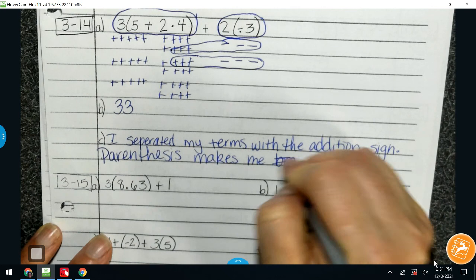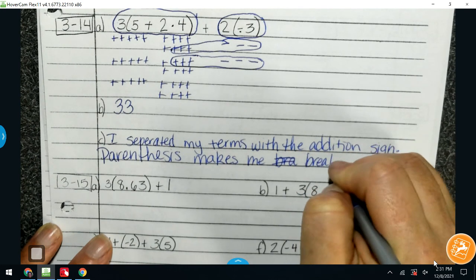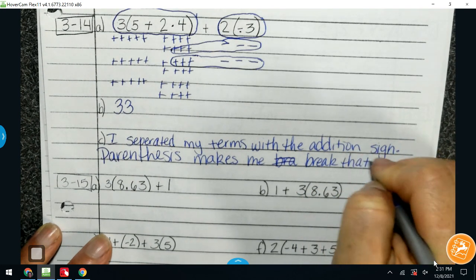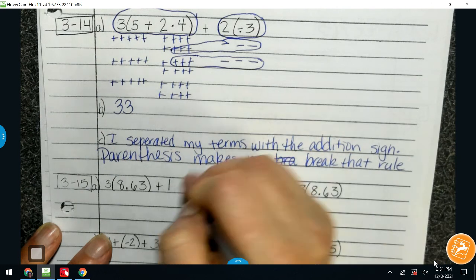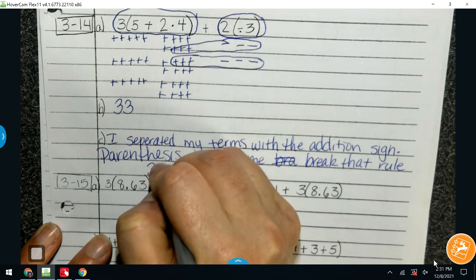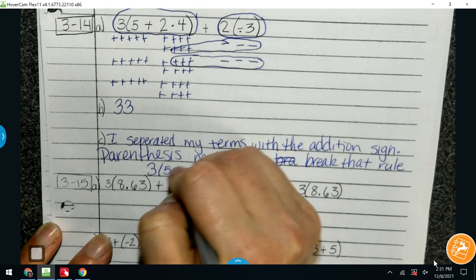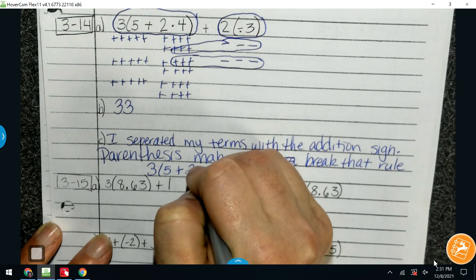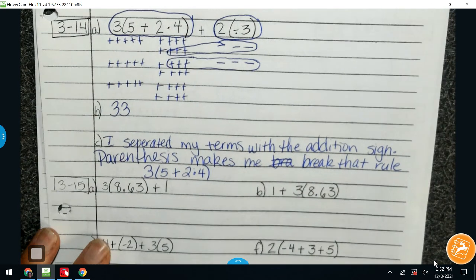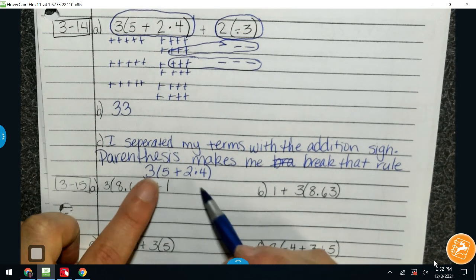Oops, wrong break. So, and that is our 3 groups of 5 plus 2 groups of 4. Right? So that's the one where the parentheses make you break the rule.